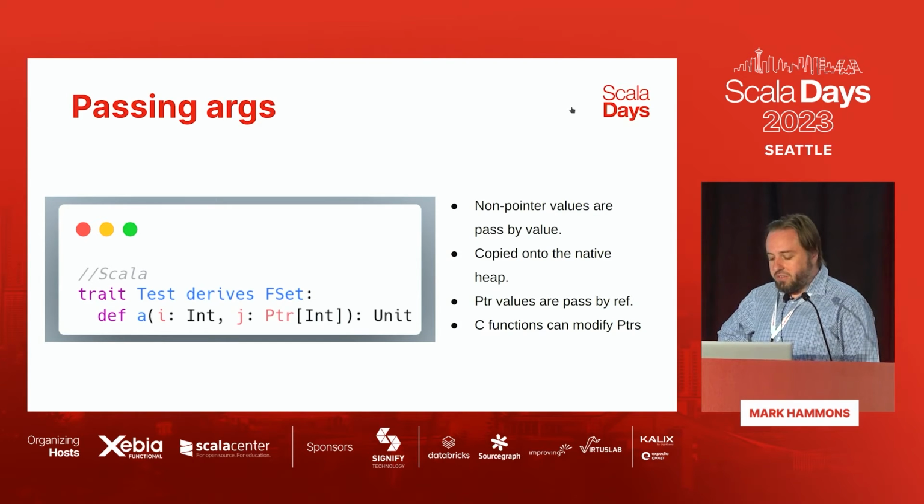So if you have a struct, an integer, float, whatever, and you pass it into a method in Slinc, or a method bound by Slinc, it's going to be copied into native memory and then given to C. But if you pass in the pointer, it'll pass in a reference to the value, and the C function can modify and mutate the data at that pointer, and you can view those changes by dereferencing.